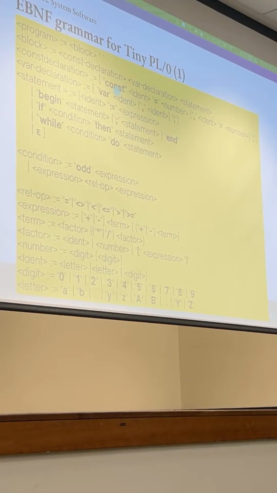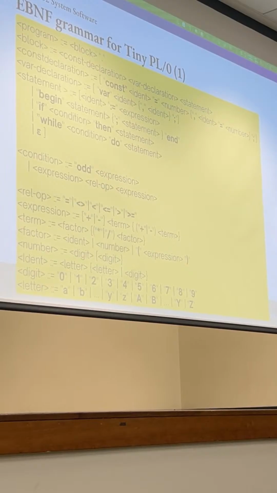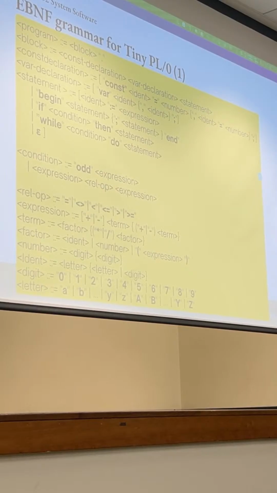A similar idea here. We could have a const with a constant that is being assigned, followed by a comma with identifier equal to a number. We can have 0 or more times. Then by the end, for the constant declaration, we have to match the semicolon if we are having a constant declaration. Okay? So that is the idea.